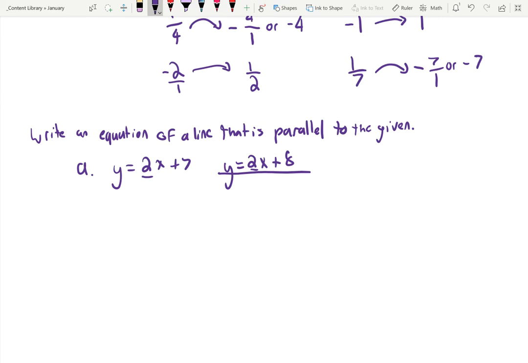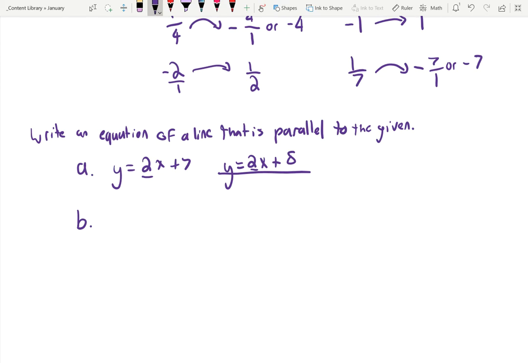Now, I chose 8 just because it was different. But that would be the same as 2x plus 6. That's still going to be parallel. 2x plus 5, that's still going to be parallel. As long as it has the same slope, but a different y-intercept, it will be parallel. So there's more than one correct line you can write here. But the main thing is I want you to understand that the slope's the same. That's the key thing about this.